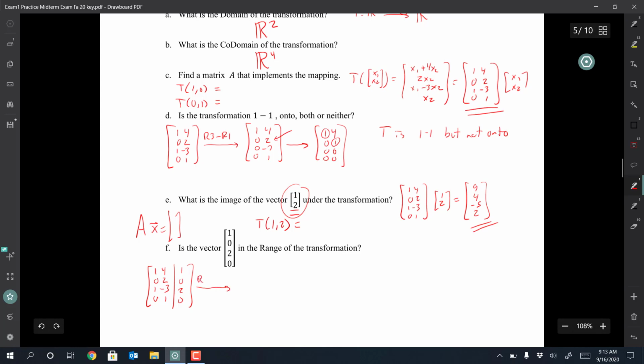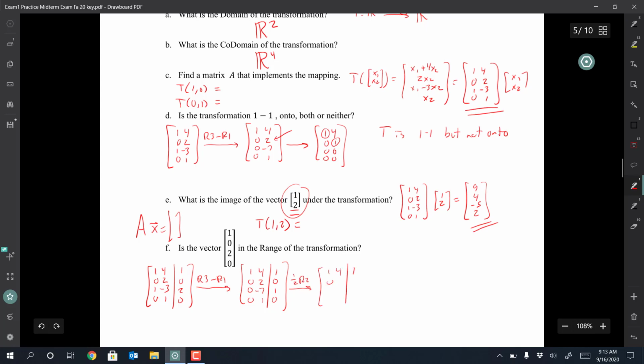So I'm going to take row 3 minus row 1. I got 1, 4, 1. Second row stays the same. Third row becomes 0, negative 3 minus 4 is negative 7, 2 minus 1 is 1. And last row stays the same here. All right, so then I'm going to take 1/2 row 2.